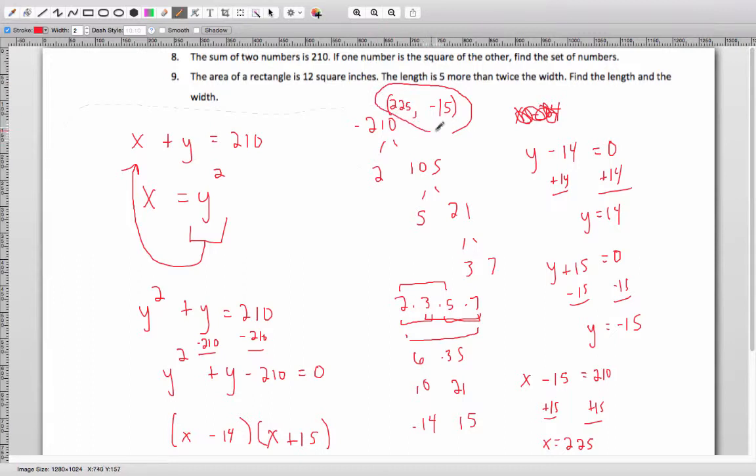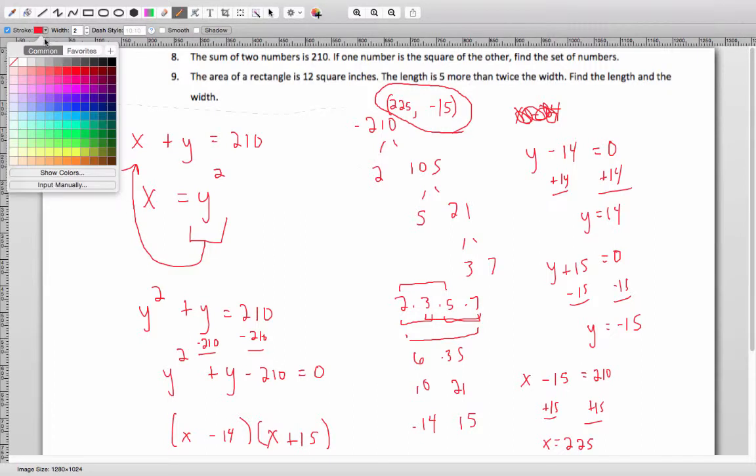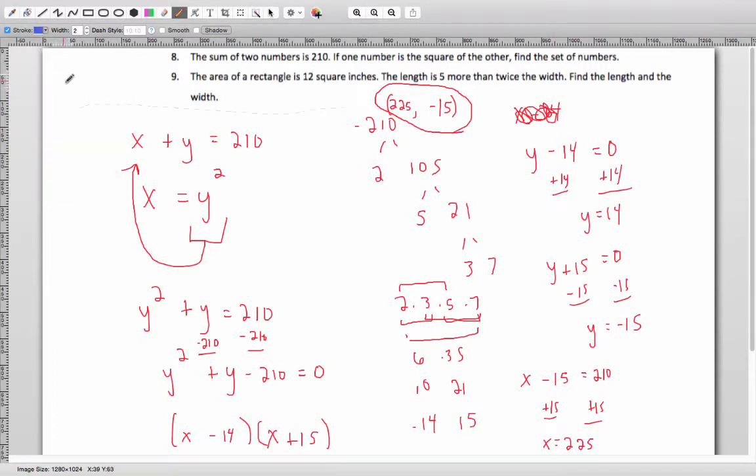That's one solution. Now let's take 14, because that's another y, and plug it in here. Let's plug in 14. So you're going to have x plus 14 equals 210.